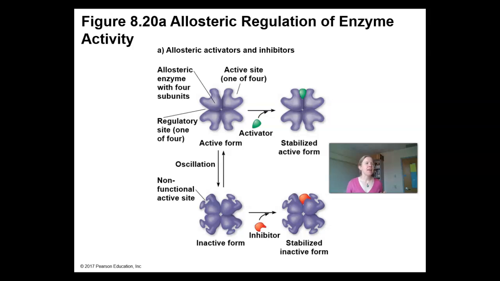Okay, so this idea of allosteric regulation: basically what we're looking at here is the ability of cells to turn enzymes on and off. We talked previously about gene regulation, like in the operon, how a cell can turn on and off enzyme production by turning on and off the genes that encode for the production of certain enzymes.